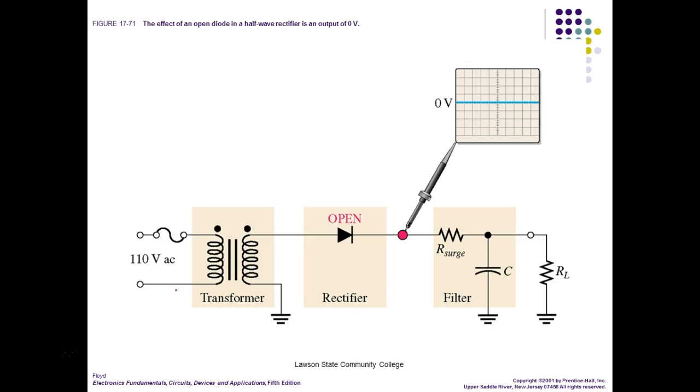When I see zero right here on this side, does that necessarily mean the diode's open? What's the next place I would go? Here they say it's open, but I wouldn't stay there. If I saw zero on the output, what would I do next? I'd check the transformer.